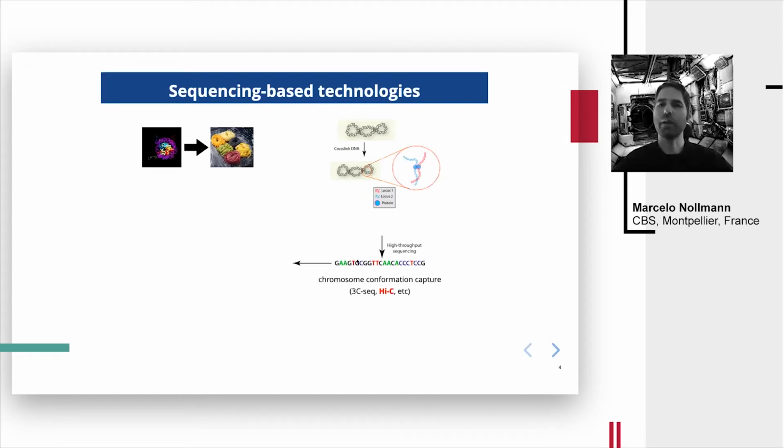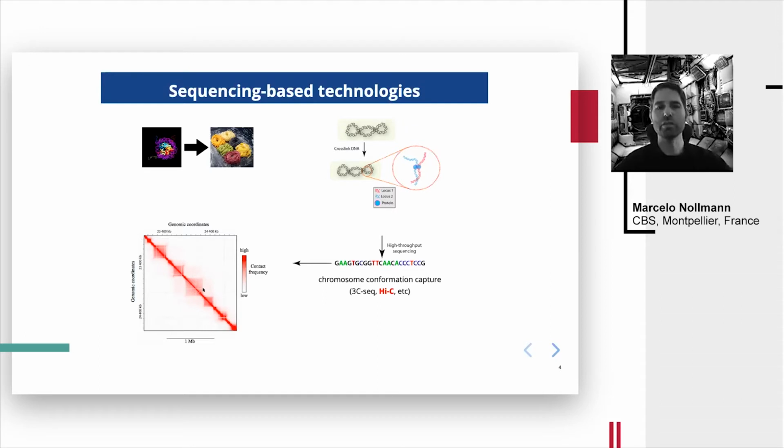Combined with high-throughput sequencing, this enables us to draw maps of interaction. These maps of interaction, or contact matrices, which you will see in this presentation and in the following presentations in the workshop, are formed by essentially looking at the chromosome: the x-axis on the top and the y-axis represent the genomic coordinates, and the color map represents the strength of interaction between any two loci in the chromosome.